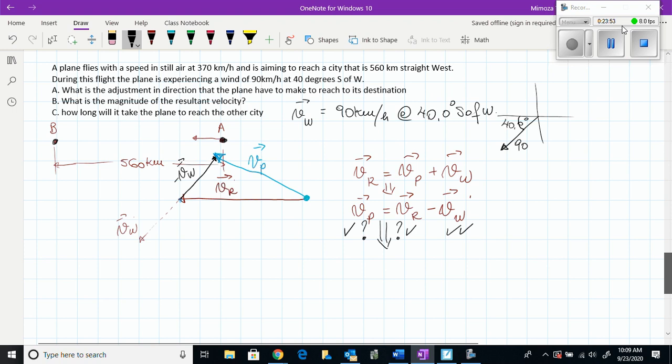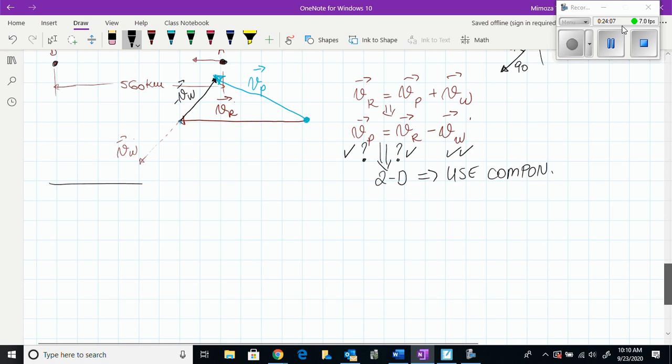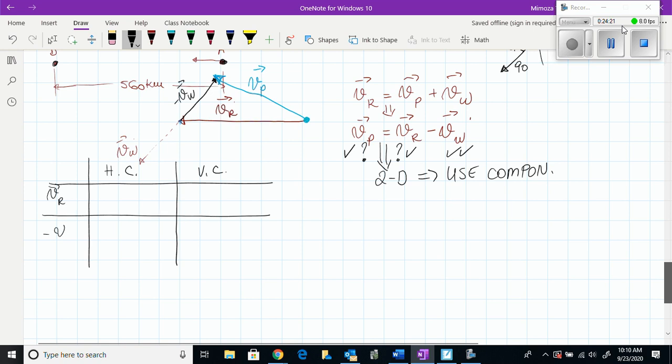However, since this is a 2D situation, we still use components, and in order to use components, we construct a table: the horizontal component, vertical component, and then the resultant velocity, negative velocity of the wind, and velocity of the plane.